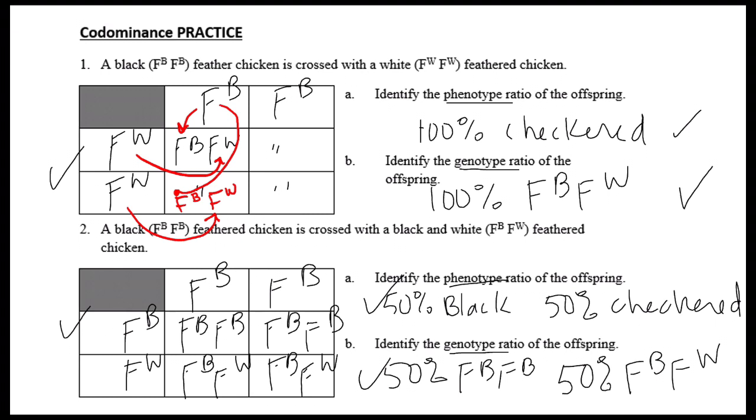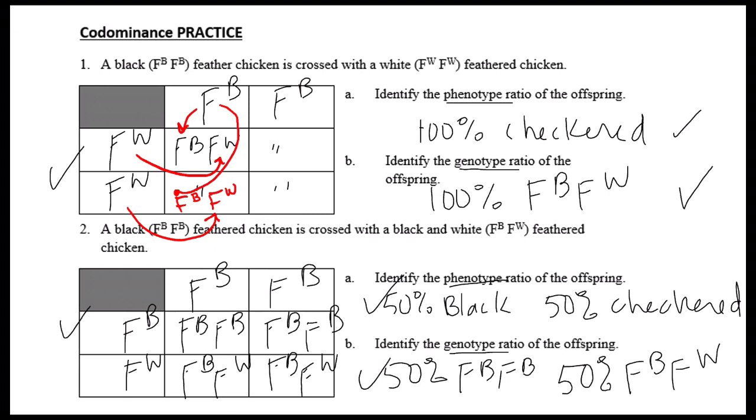Okay, second example, a black FB feathered chicken is crossed with a black and white FB/FW feathered chicken. So notice here that it doesn't mention checkered, for example, it just says black and white. So be aware that this does indicate, although it is stated here in the question, that this is FB/FW. We've got our two parents.